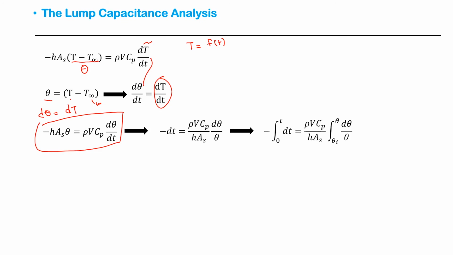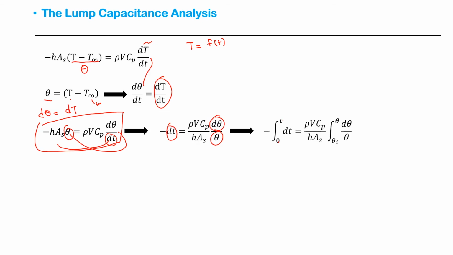Then you can separate the variables. You collect the time term on one side, so this can go here, and the theta term on the other side. Now we can integrate both sides from initial time t0 to any arbitrary time t. Initially we have the initial temperature, and at time t we have temperature T. Since we are working in terms of theta, we have theta initial and theta at any time.